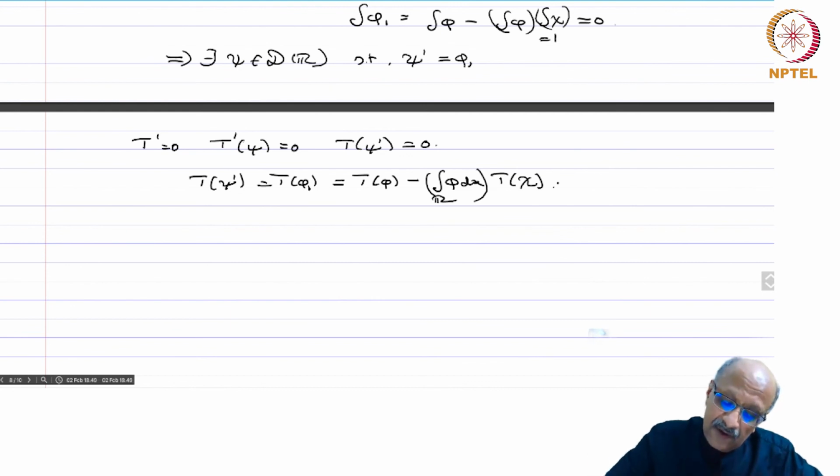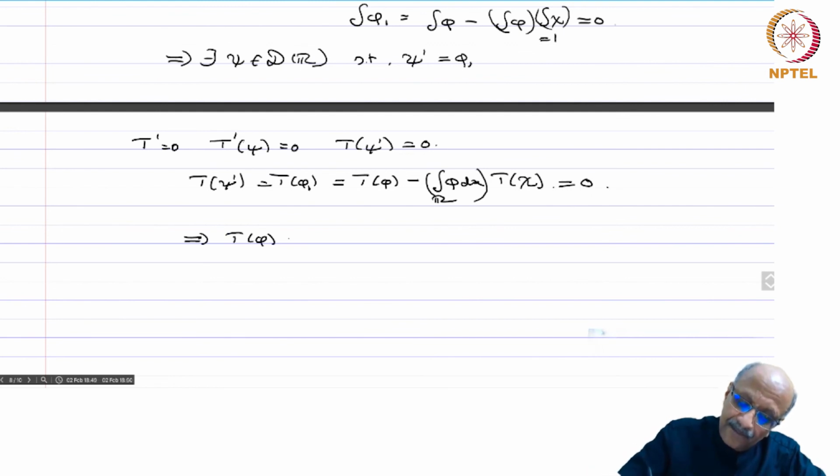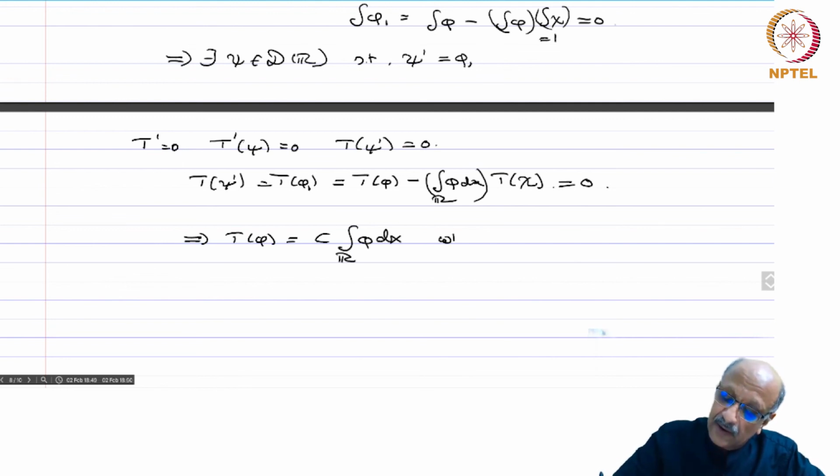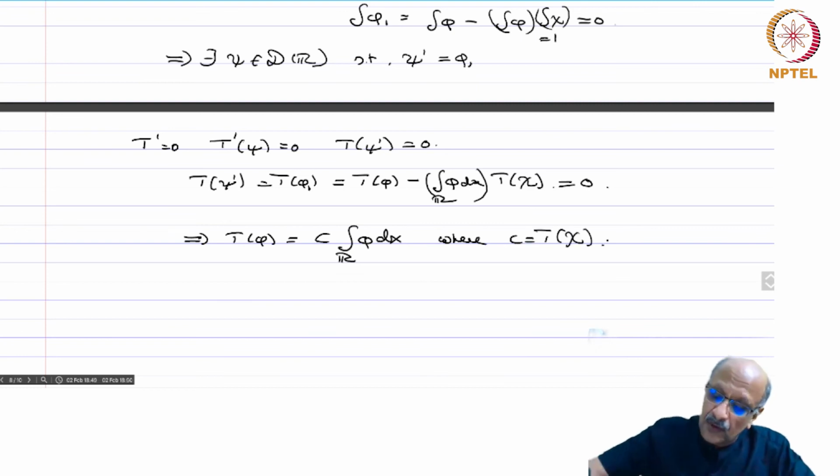And therefore T of psi dash has to be 0, so this is equal to 0. So this implies that T of phi equals a constant c times the integral over R of phi dx, where c equals T of chi. So we have shown that in fact if the distribution derivative is 0, then T has to be generated by a constant function.